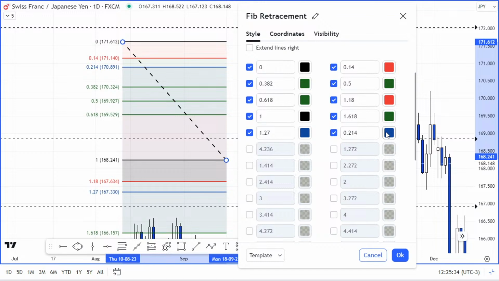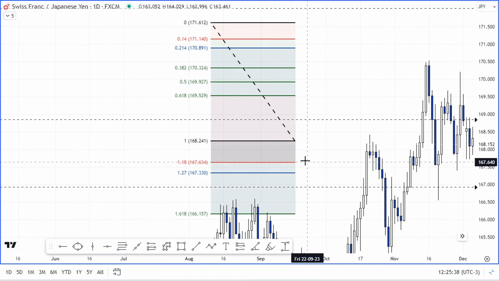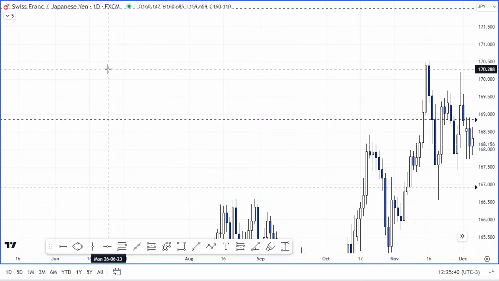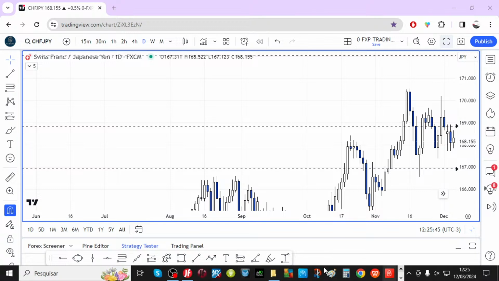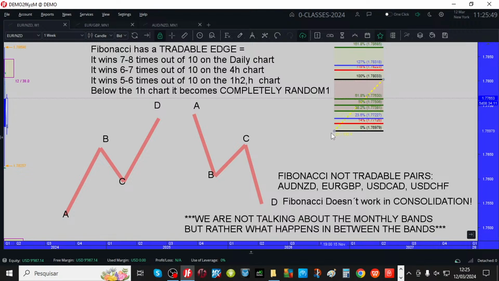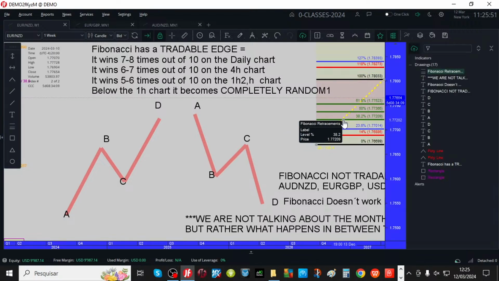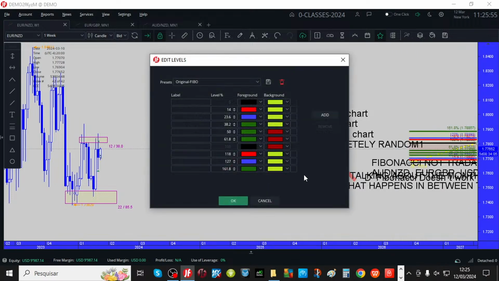Alright, everybody? Yes, this is how we use it on the TradingView. Otherwise, on JForex you have a different one. And so it's similar, but it's without 0.